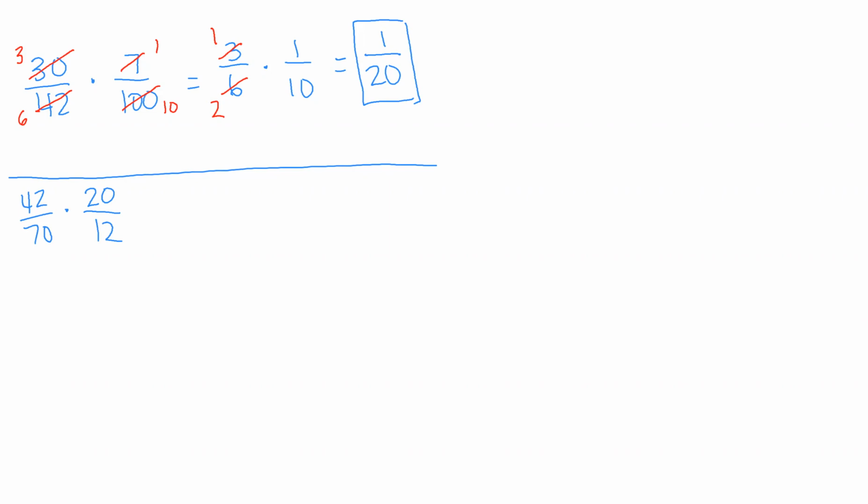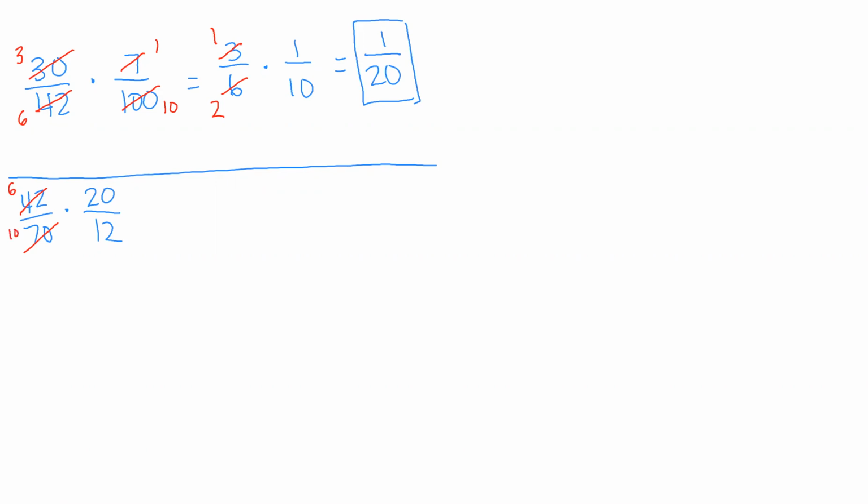So I happen to notice that 42 and 70, we just had an example with 42 in the previous problem. 42 is divisible by 7. Well, 70 is also divisible by 7, right? So I'm going to take 42 and 70, and I'm going to divide them by 7. 42 divided by 7 is 6. 70 divided by 7 is 10.